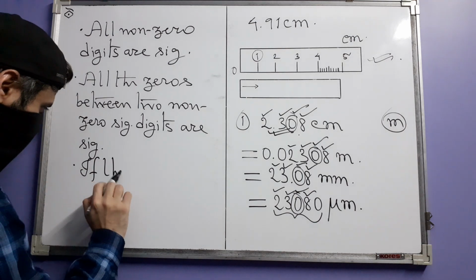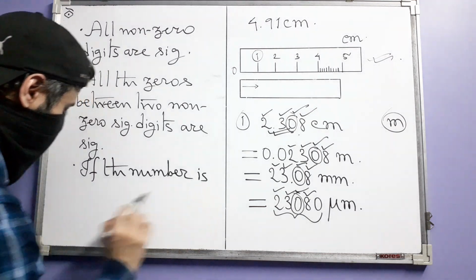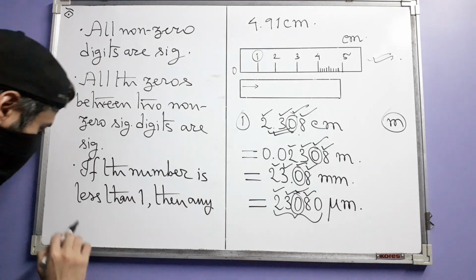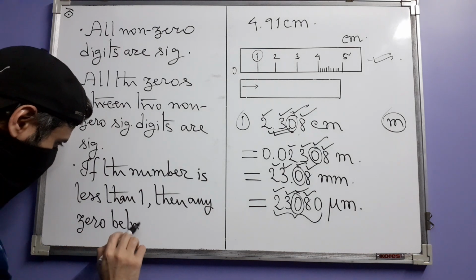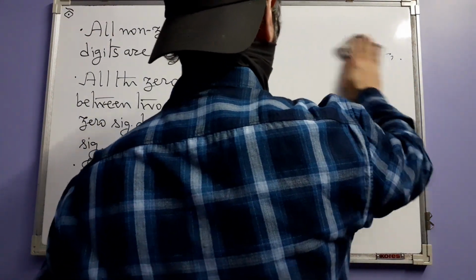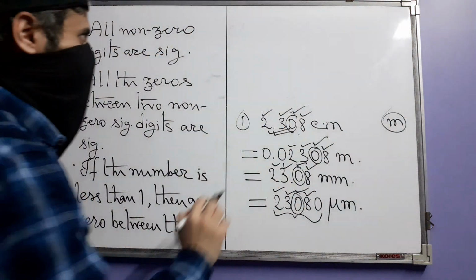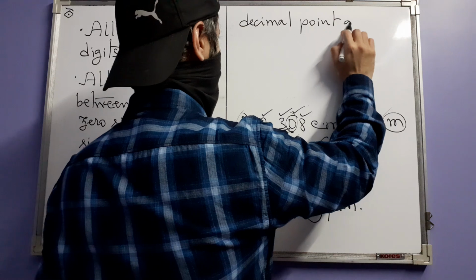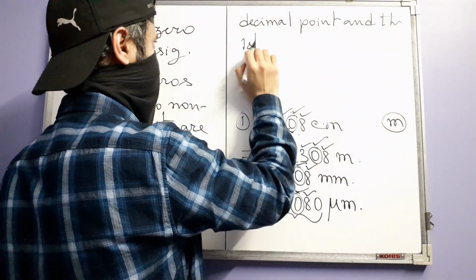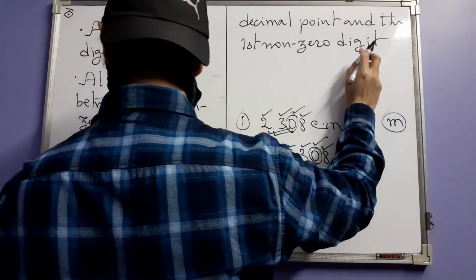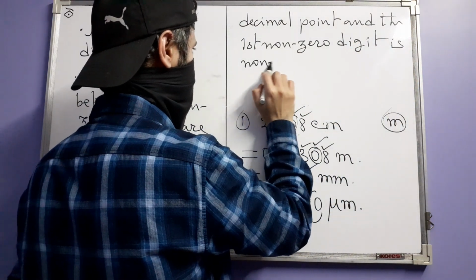If the number is less than 1, then any zero between the decimal point and the first non-zero digit is not significant.